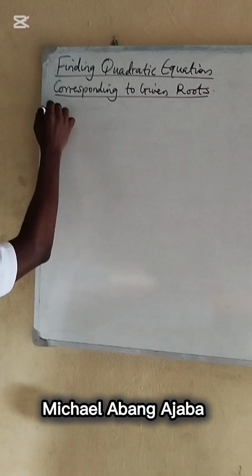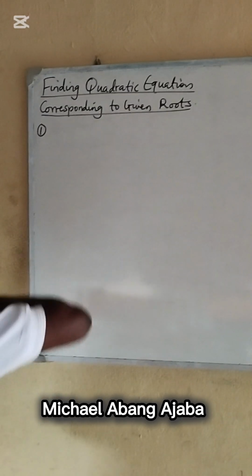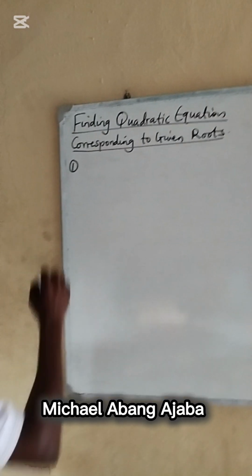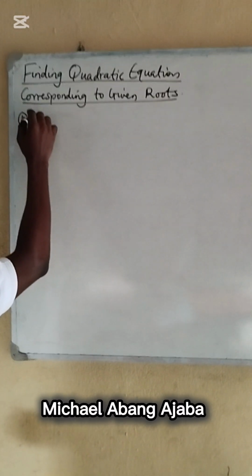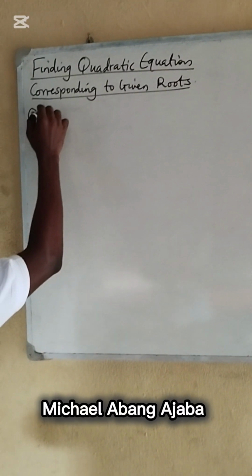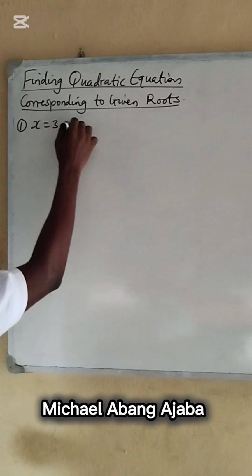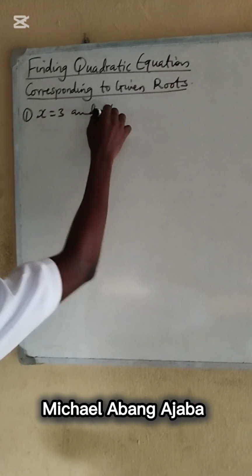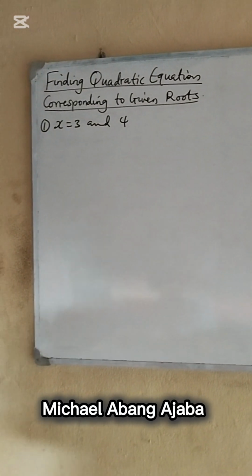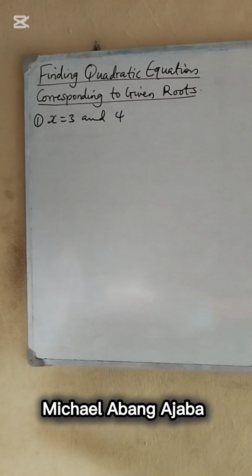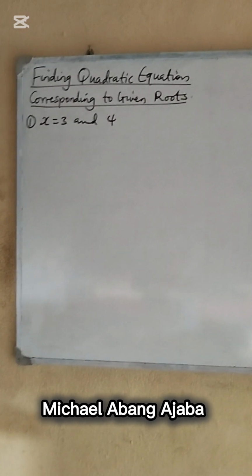Now let's take an example. You have the roots of a quadratic equation as 3 and 4, and you want to find the quadratic equation. How do we find this quadratic equation?